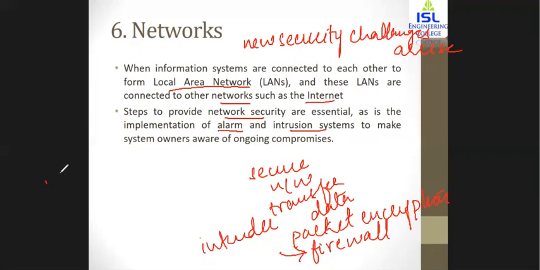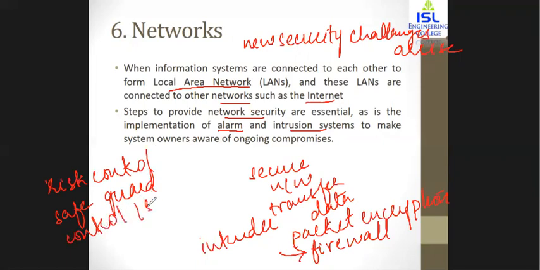Now, when you get to know that an intruder has attacked the system, you can perform the different risk control mechanisms, so that you can safeguard the important data within the organization, whether you can control or completely stop the attack. So these are the 6 different components that need to be secured within an information system to achieve security.